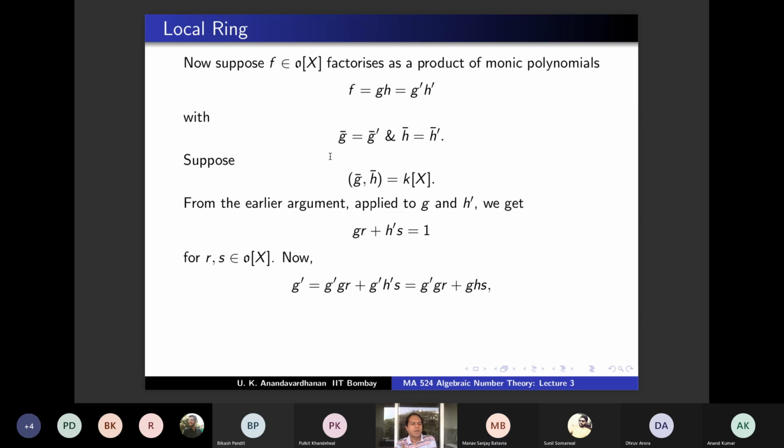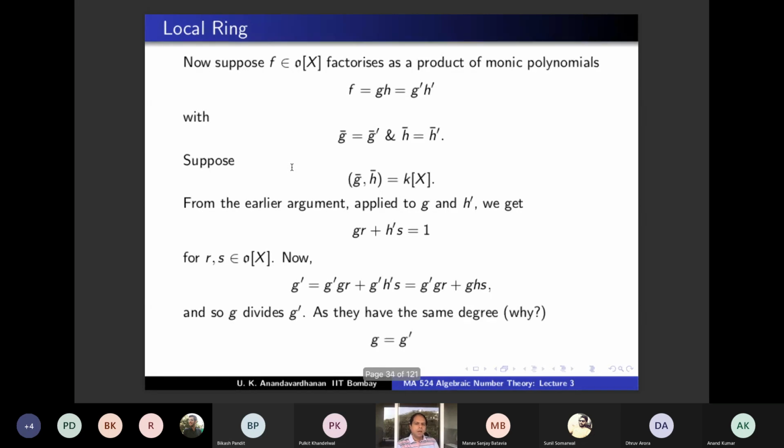Okay. So you know that the degree is the same from this condition because of monic, and therefore G equal to G prime. Or as you said, you can argue with G prime dividing G also, but this is easier. Degree is the same, so G divides G prime as they have the same degree. G equal to G prime, and if G equal to G prime, then H equal to H prime.